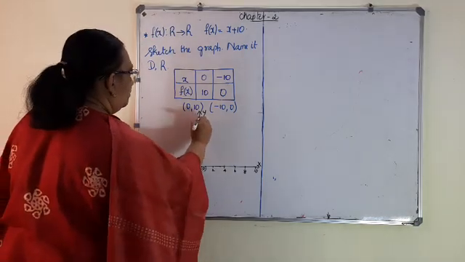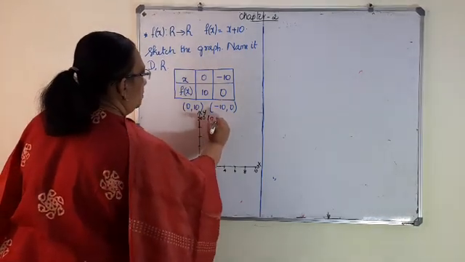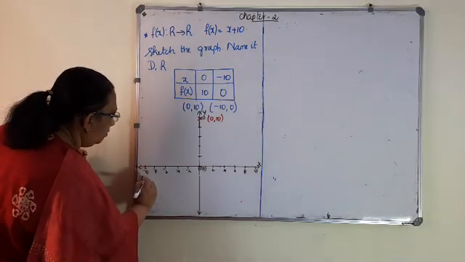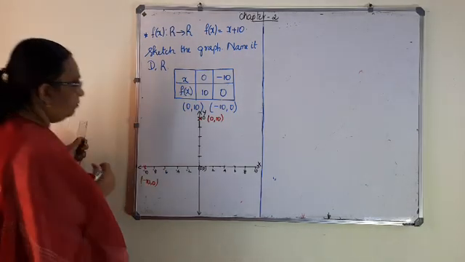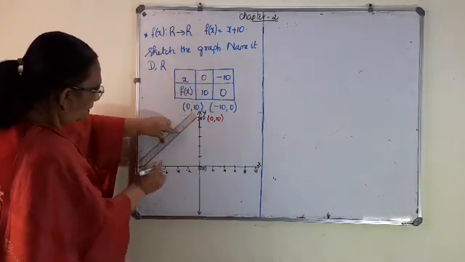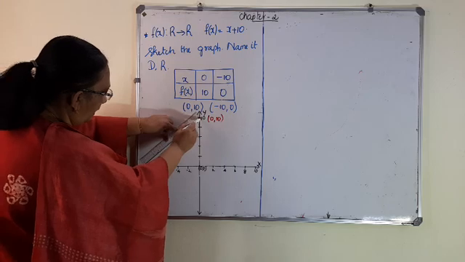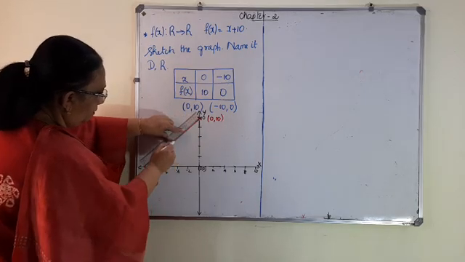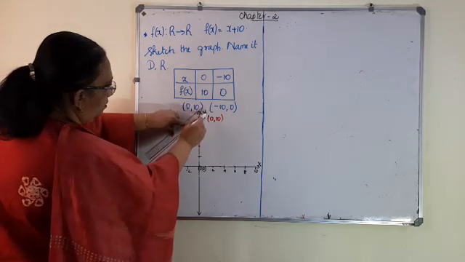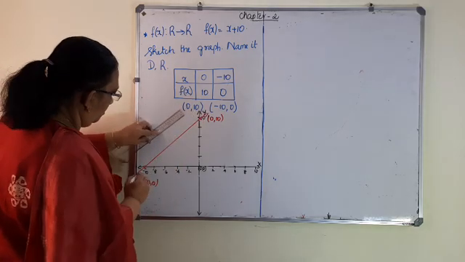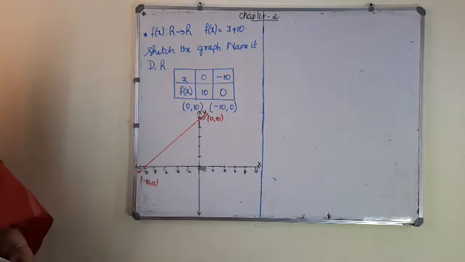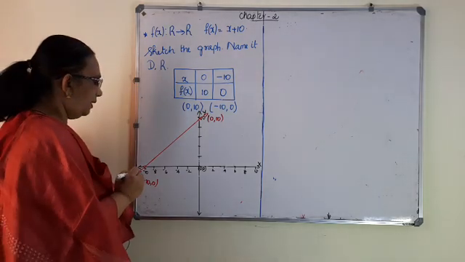What about the second point? Minus 10, 0. The power of x is equal to 1. So join those points using a straight line. This is the graph of the function f of x is equal to x plus 10.